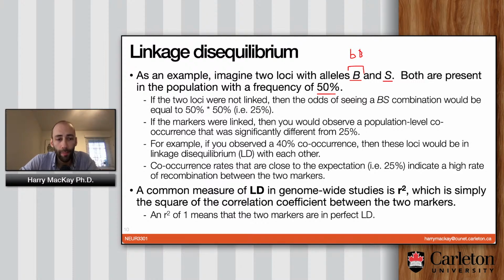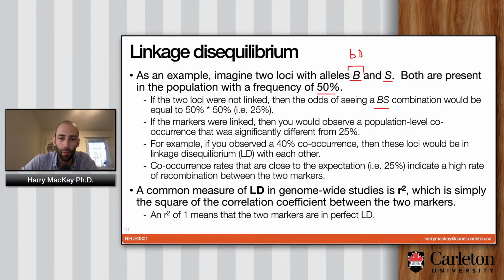So a simple question is, for any given person, how often would you expect them to have both big B and big S, or little b and little s? What would be the frequency of co-occurrence for these two alleles? Now, if the two locations have no linkage whatsoever, then the odds of seeing big B and big S combined would be equal to their allele frequencies multiplied against each other.